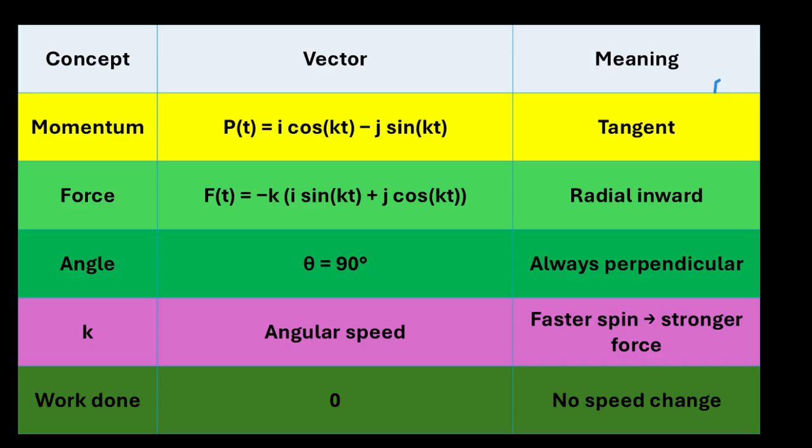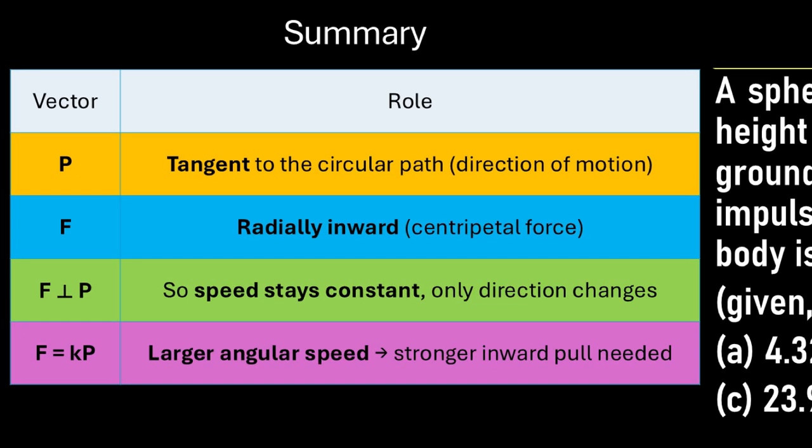And if you're also thinking about what I asked you, it would give you that the work done, which is vector F dot vector S, is also equal to 0. So F is radially inwards, speed stays constant. Okay, we discussed all those.